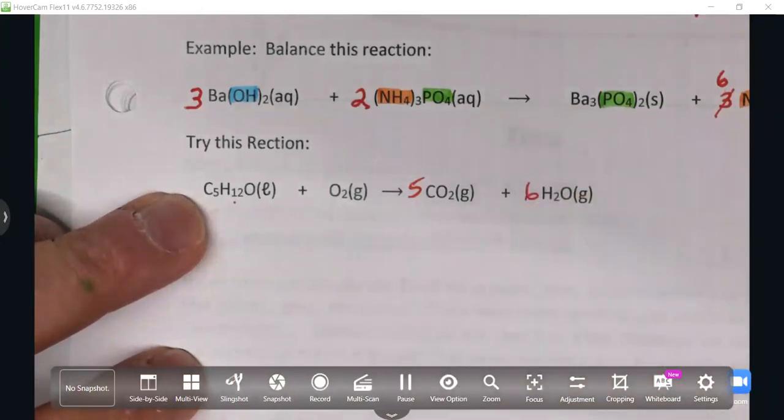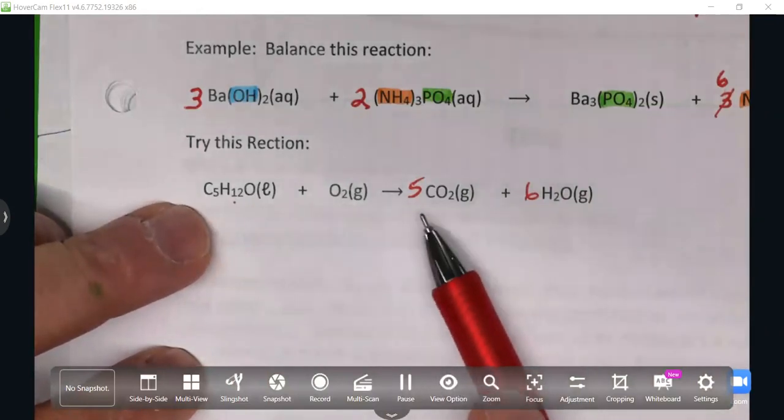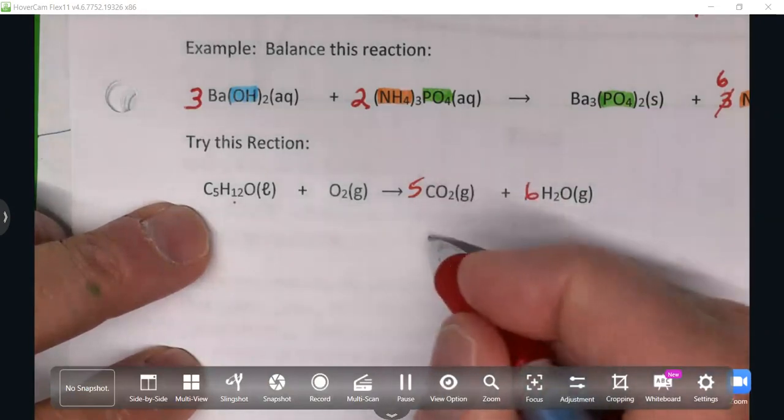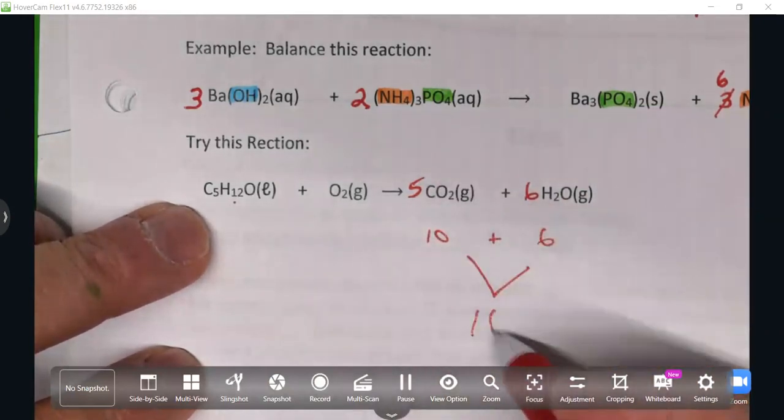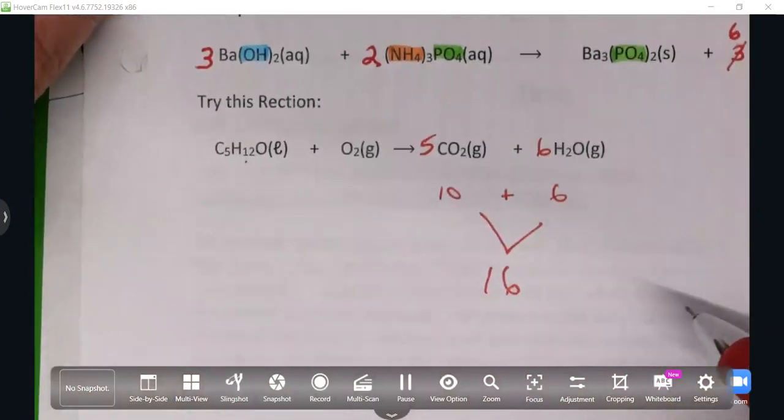And oxygen's next. How many oxygen on the right? 16. 5 times 2, 10 plus 6. 16 oxygen on this side.